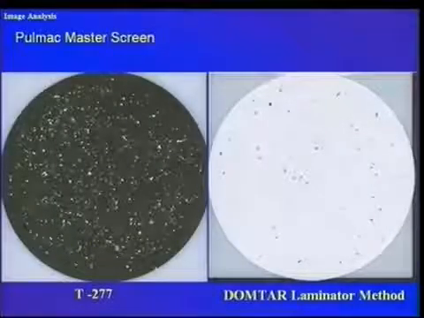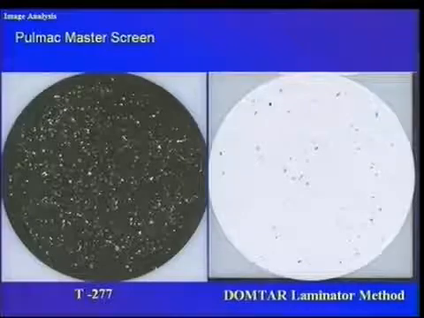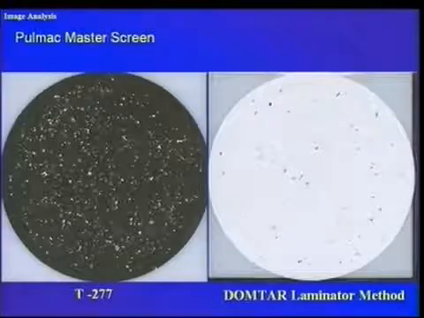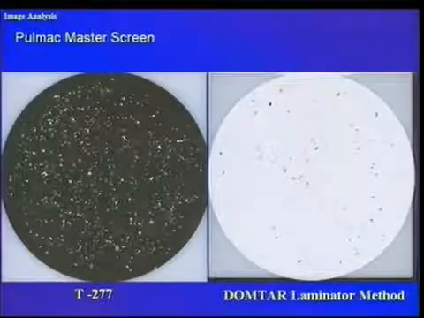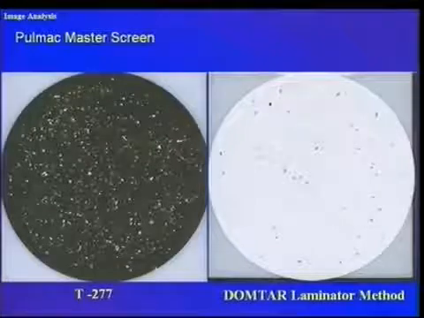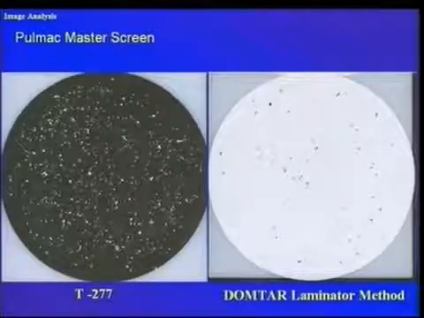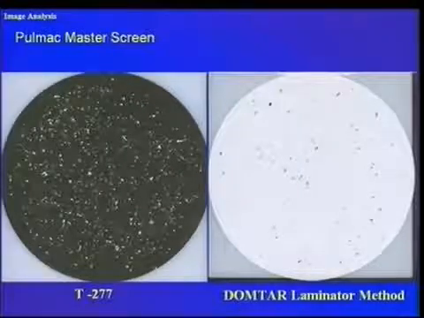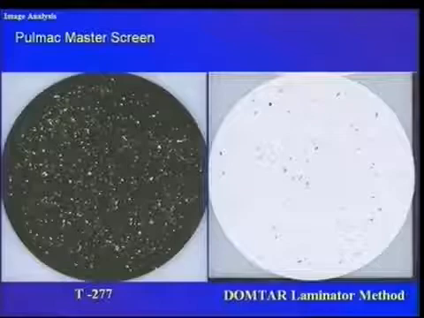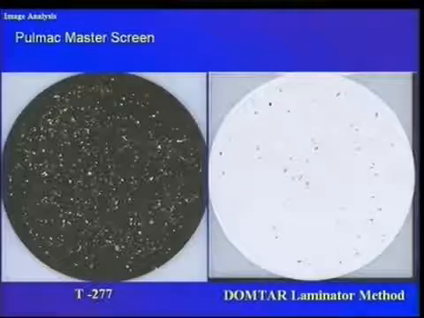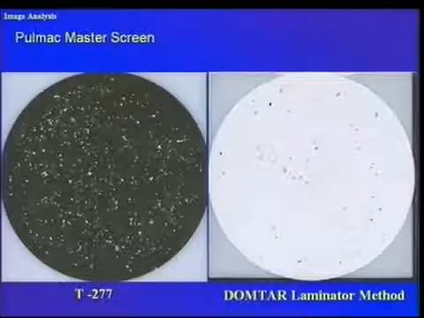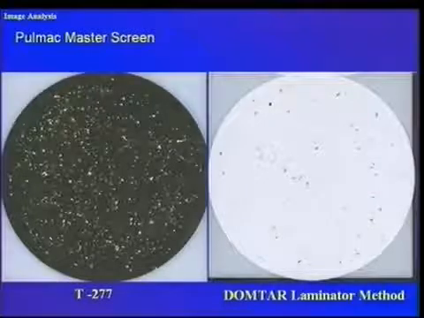Now, what you see here is the Domtar laminator method on the right and the TAPI 277 on the left. The 277 is a black filter paper, and in this case we want to analyze all of the materials that the Pulmac has separated from the process.